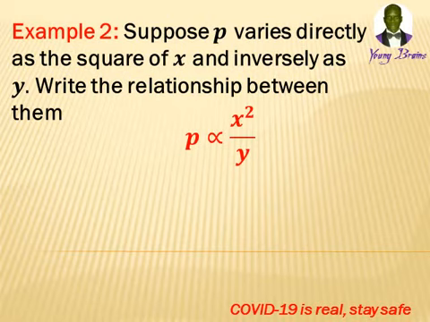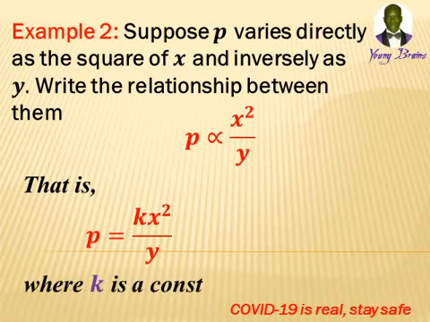We move further to introduce constant k. It then becomes p equals kx squared divided by y, where k is a constant of proportionality. So the relationship between them is p equals kx squared divided by y.